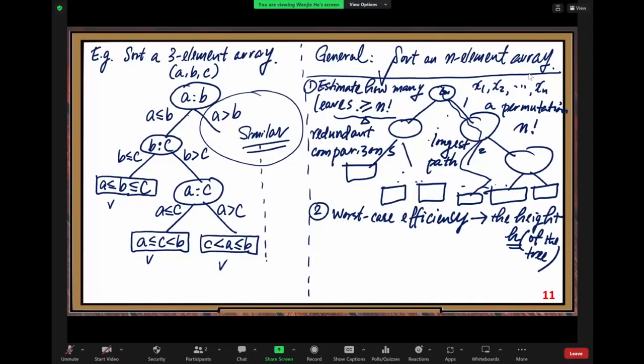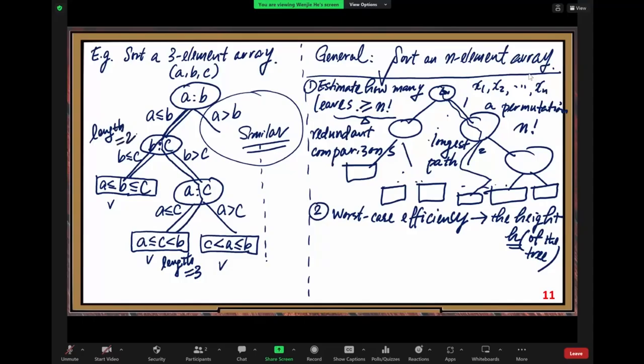So here, for example, let's look at the length of this path. 1 edge, 2 edges, 3 edges. So this path has length equal to 3. This one, 1 edge, 2 edges, we reach the leaf node, so this length equals 2.